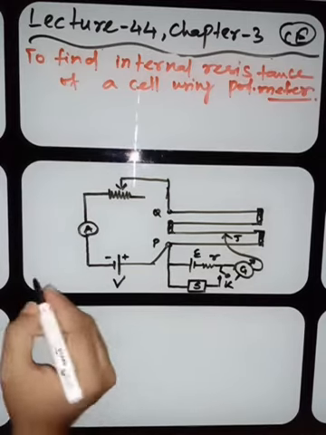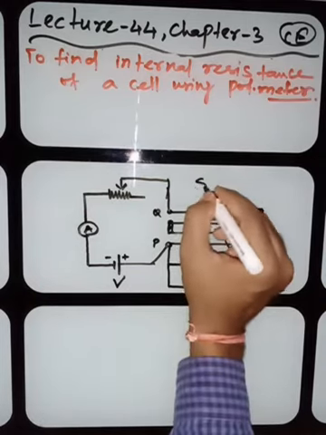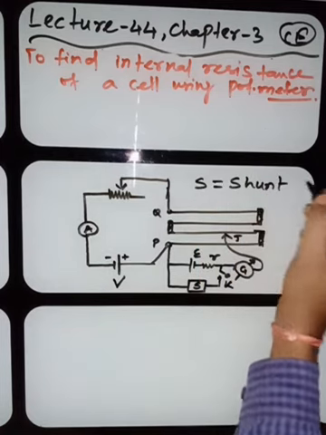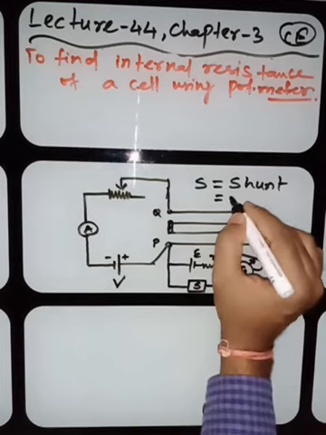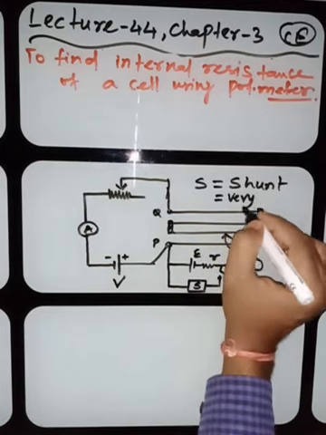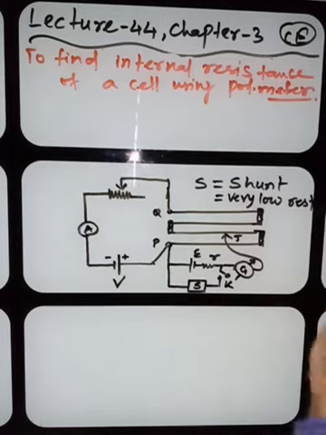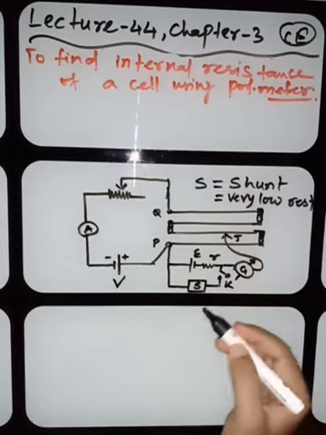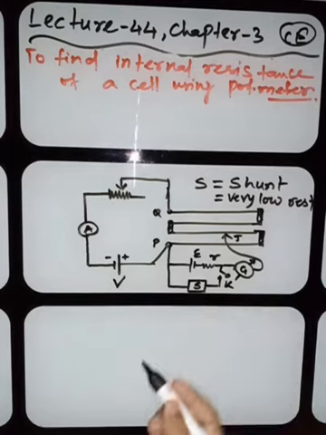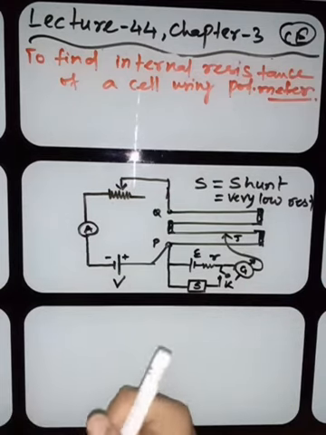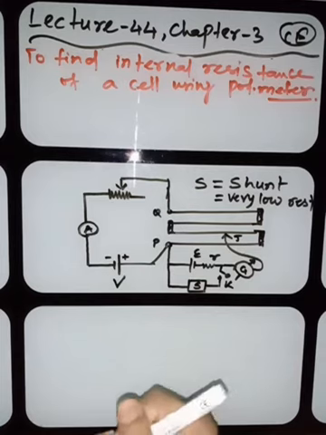This S is nothing but the shunt. What is a shunt? A very low resistance. Very low in comparison to the resistance of the entire network. This is called a shunt. So this is a very low resistance we use, not very tough.